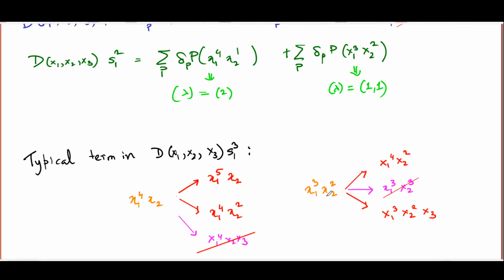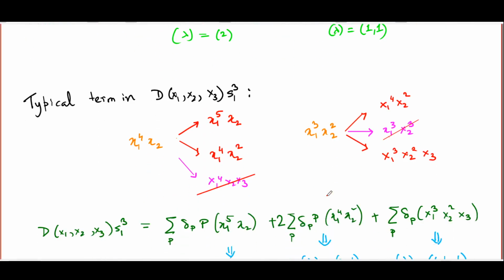So putting all of these together, we get D(x1, x2, x3) times s1 cube. That's going to be this antisymmetrized polynomial starting with x1 to the 5, x2 with a coefficient of 1. Another starting with x1 to the 4, x2 square with a coefficient of 2.